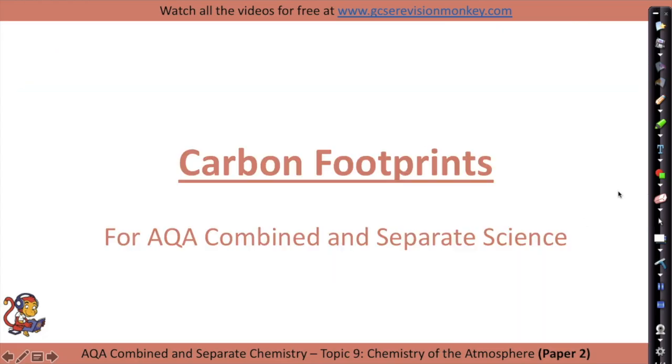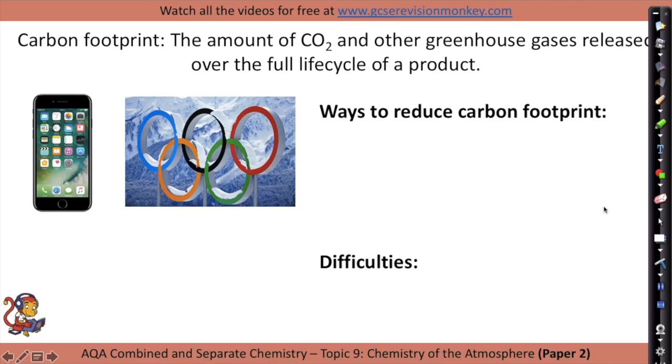Carbon footprint is linked into global warming and carbon dioxide, and it's the amount of CO2 and other greenhouse gases released over the full life cycle of a product, or it can be an event. So it's how much CO2 and greenhouse gases are being released into the atmosphere.